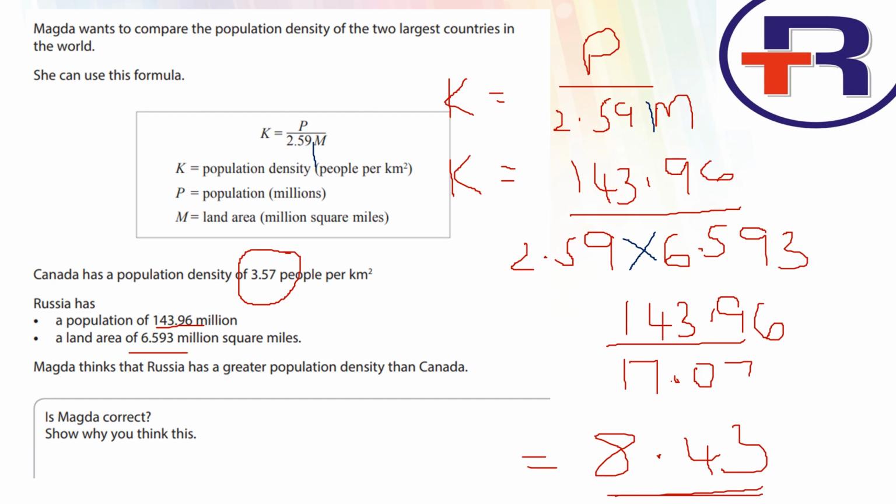So we've used the BIDMAS, we've changed letters for numbers, we've done it step by step. We've had to bend the BIDMAS rule slightly because, like we said, we can't divide one number by two numbers at this stage here. So we had to do the multiplication first, and we've managed to get ourselves an answer of 8.3.